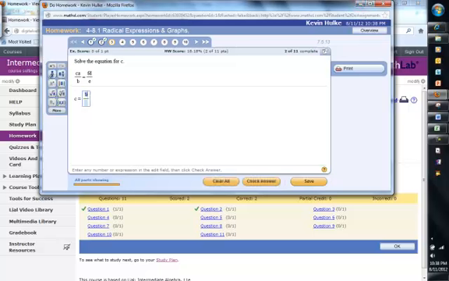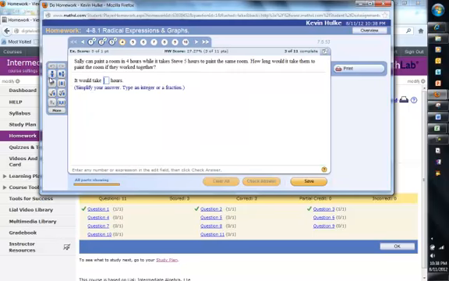Let's do AE instead. I like them in alphabetical order. All right, next one.